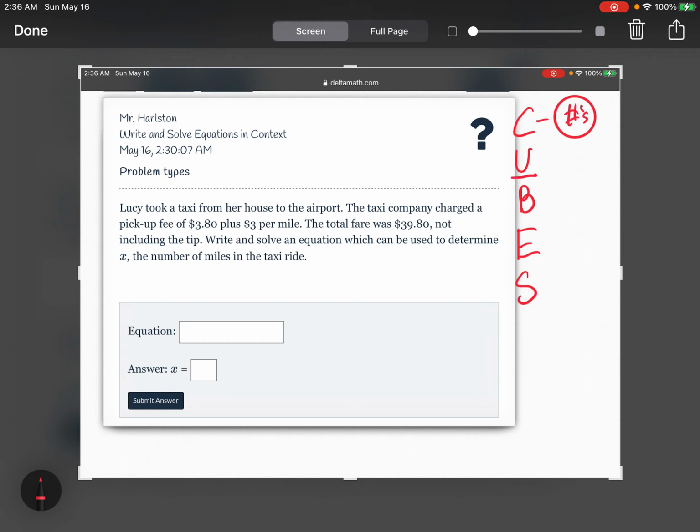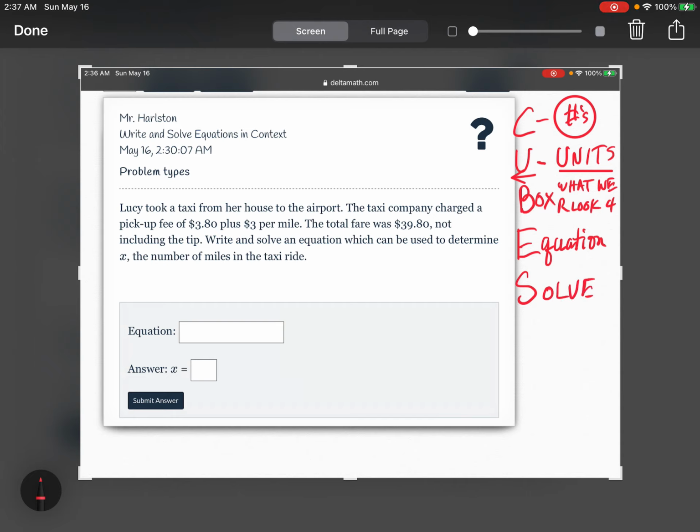I want you to underline the units. So you just underline them. And then I want you to box up what we are looking for. Okay, and then we are going to create an equation from these things, and then we're going to solve that equation.